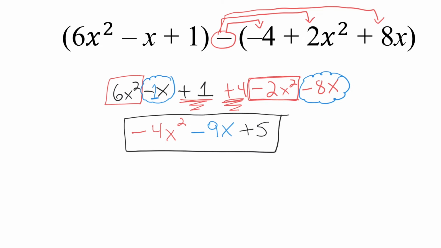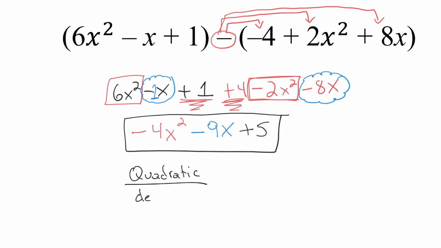Now you also need to know the names of the polynomials. So let's go ahead and figure out what is the name. One of the things we can use is the degree to give a name, and also the number of terms. Here I have a degree of 2, which is the highest exponent, and it is a quadratic. So quadratic means degree of 2.